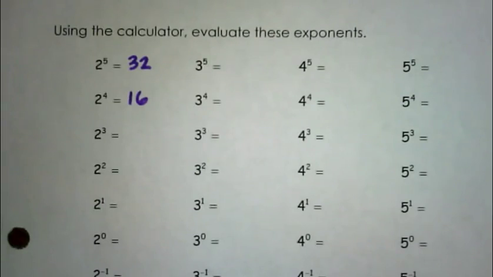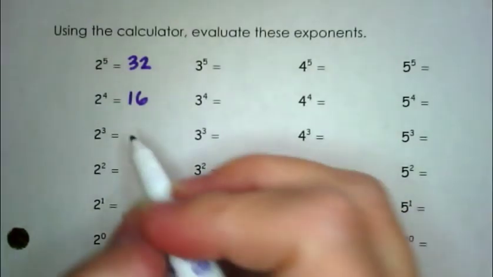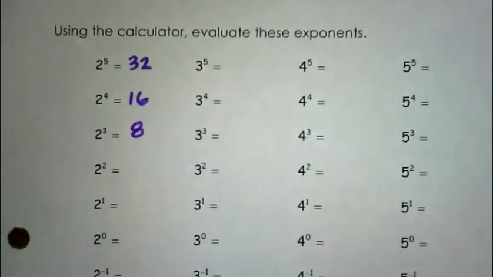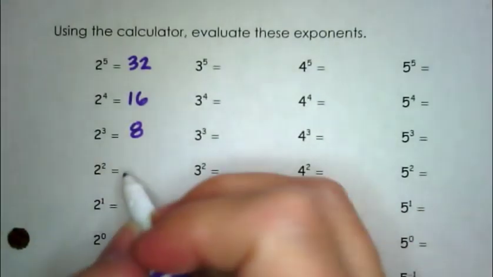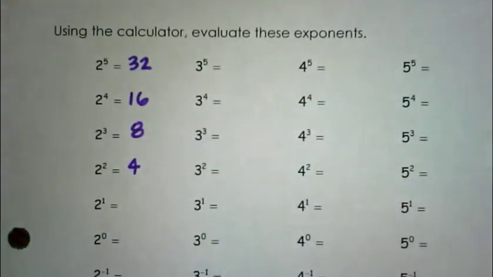Then you're going to press 2, exponent button, 3, hit enter, and you should get 8. Then you're going to press, clear that. I don't know if we need to do this one. 2 to the 2nd is 4. If you need to, you can, just to confirm that it's correct.